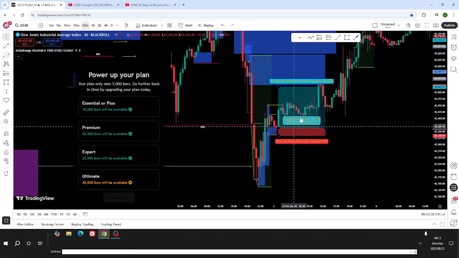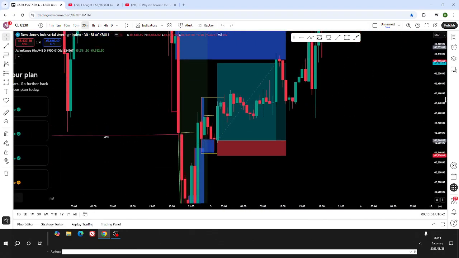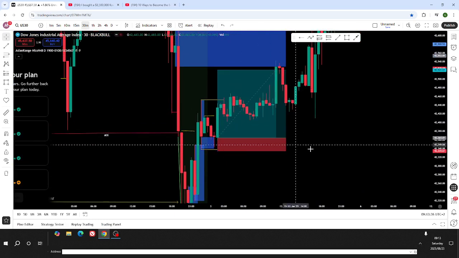So we see that the market needs to trade right back to that order block. As we take a buy right there, market goes back there.